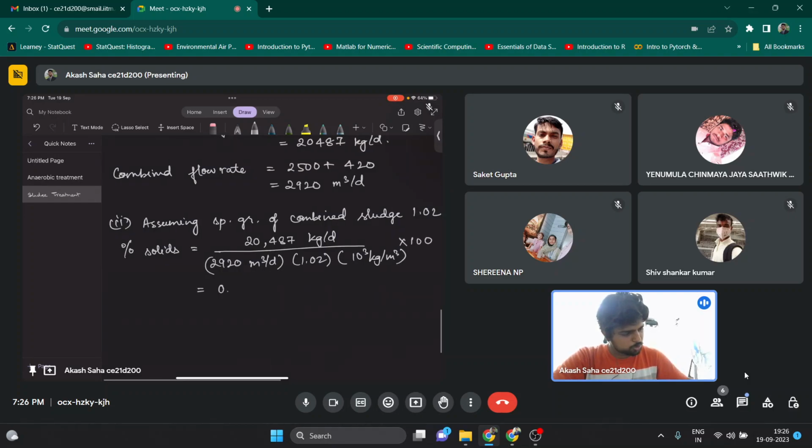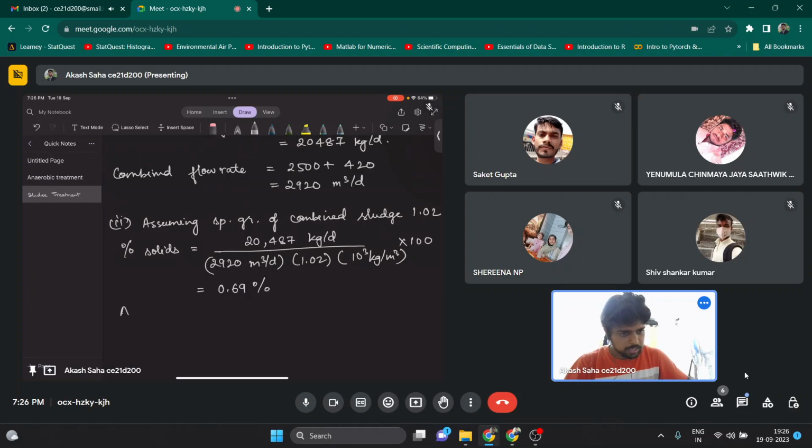So this will be equal to 0.69 percent. So why have we found out the percentage solids? Because based on my percentage solids content, we will decide how much solid loading rate we have to give in the gravity thickener. So this percentage solids will govern my solid loading rate.